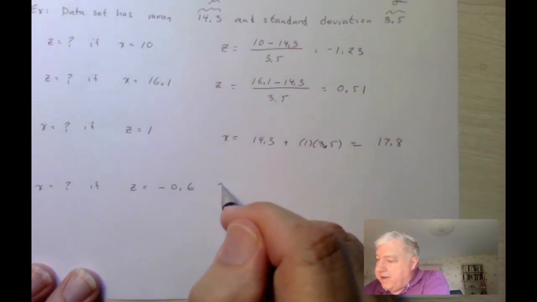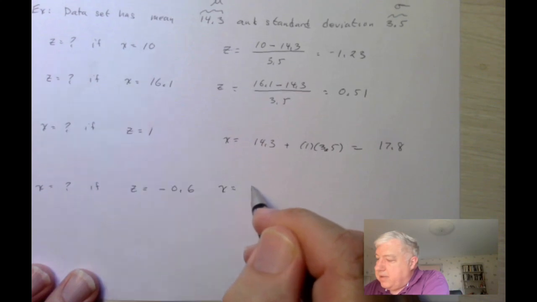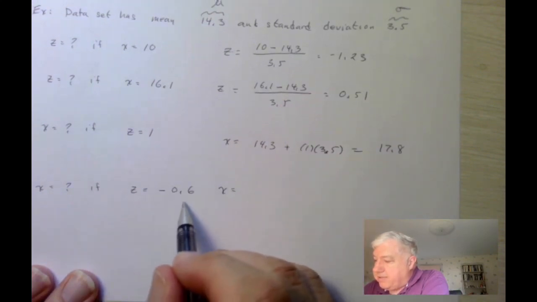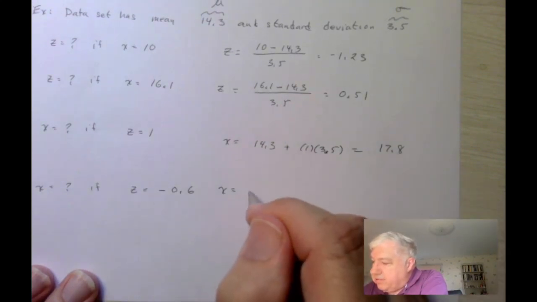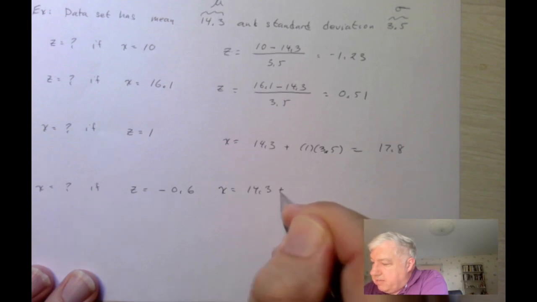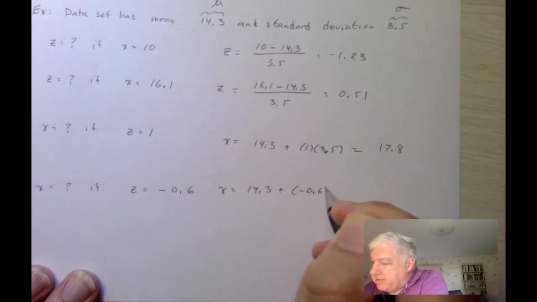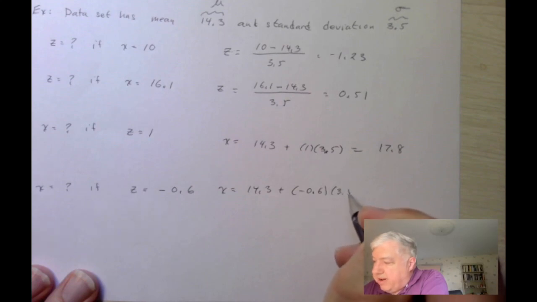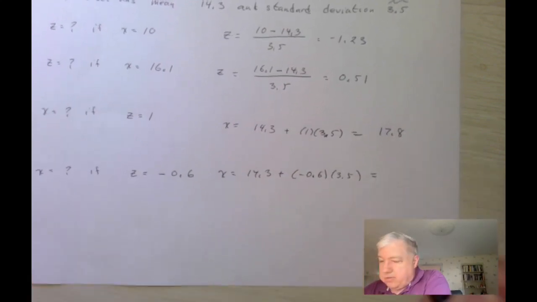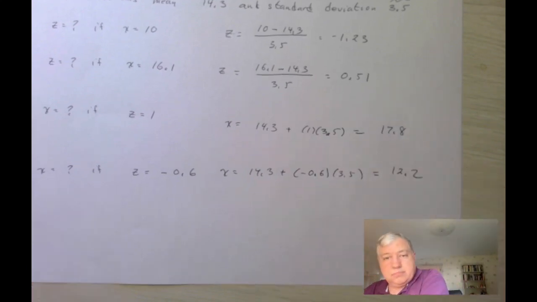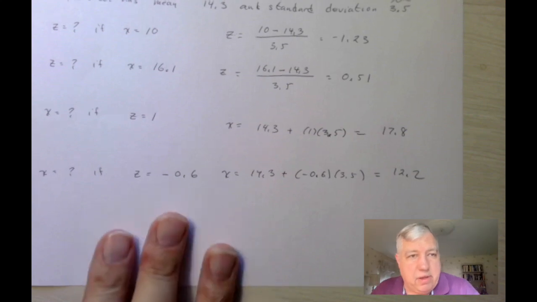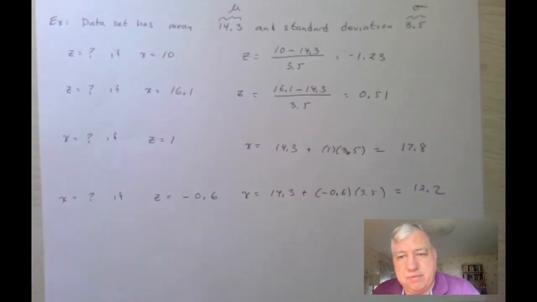In this case, if z is -0.6, x would be 14.3 plus negative 0.6 times 3.5. We plug this in our calculator and we get 12.2. And in all four cases here, none of the data entries are unusual because all the z-scores are between -2 and 2.